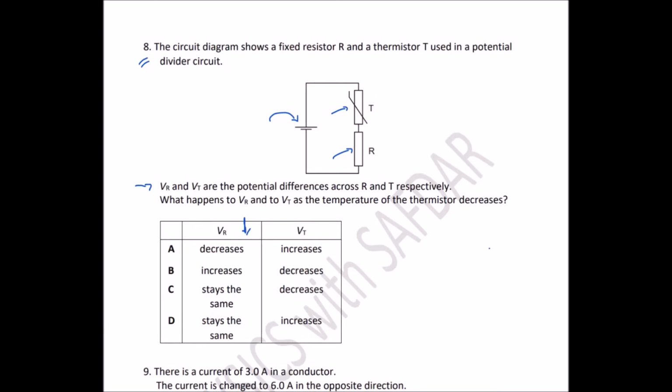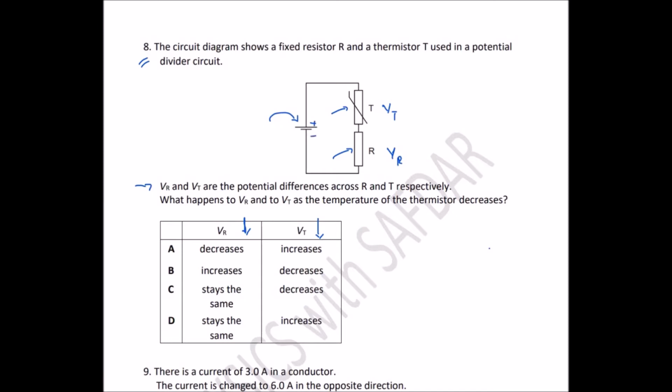Look at this column. This is voltage drop across fixed resistor. Second, voltage drop across thermistor. So you can label the voltage drop across thermistor as VT and voltage drop across fixed resistor as VR. This circuit is a series circuit. How to identify it? First mark the polarities.